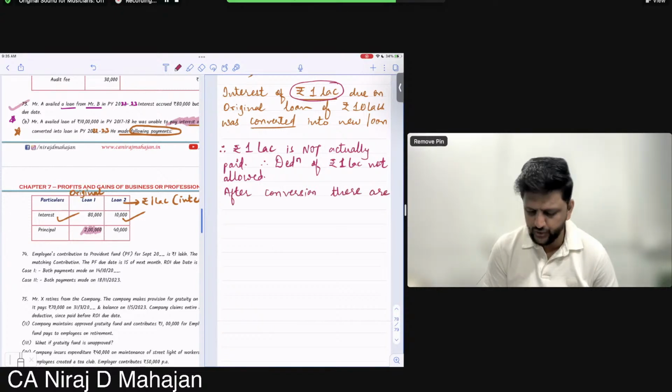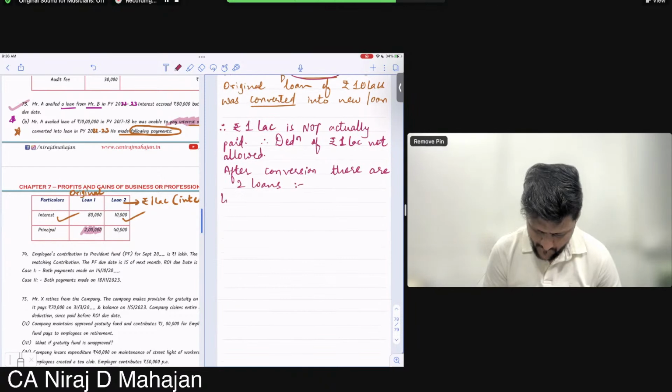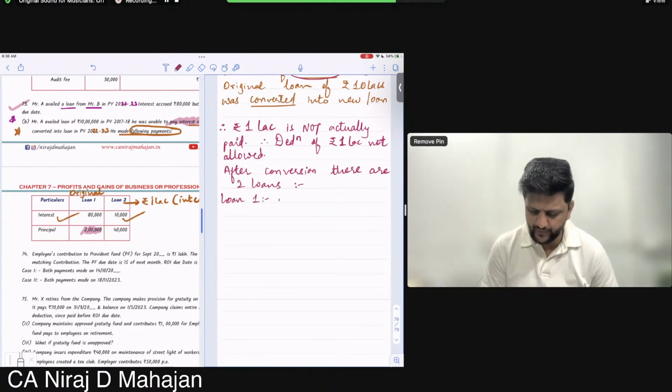After conversion, children, now there are two loans. Okay, loan 1. Original loan receipt from bank.